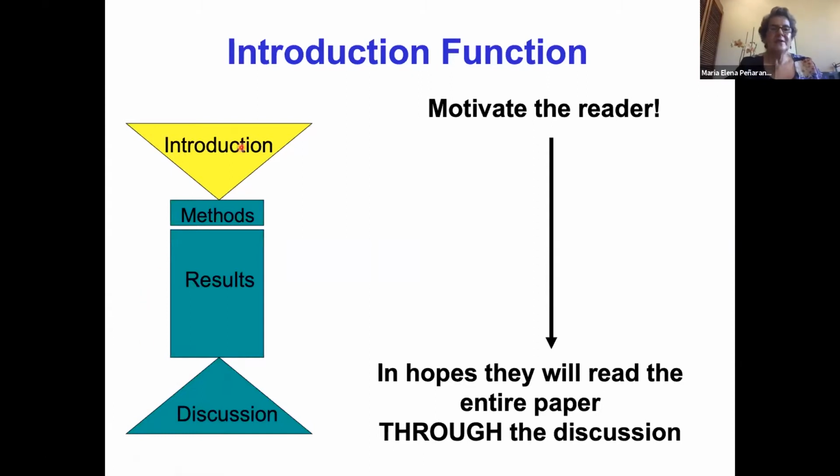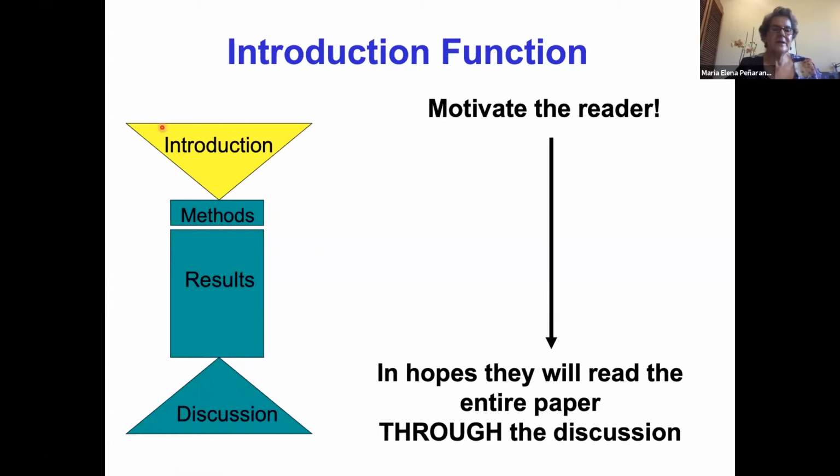It's the inverted pyramid, opposite to the discussion, in which we start with our main finding and then the most important finding, like we were saying earlier today, and then we discuss it in the context of other findings.